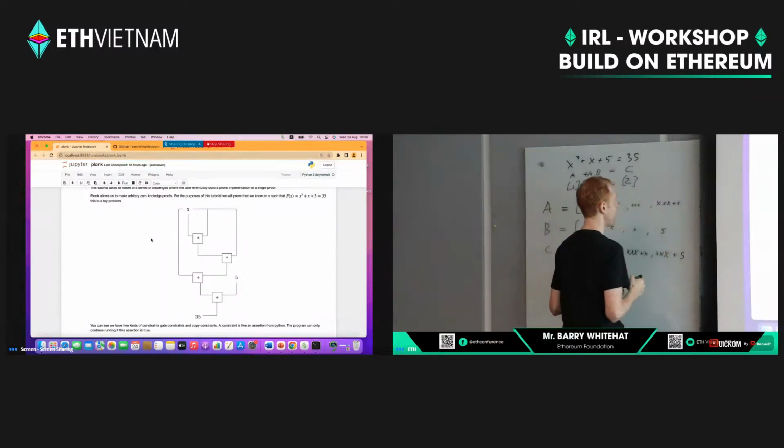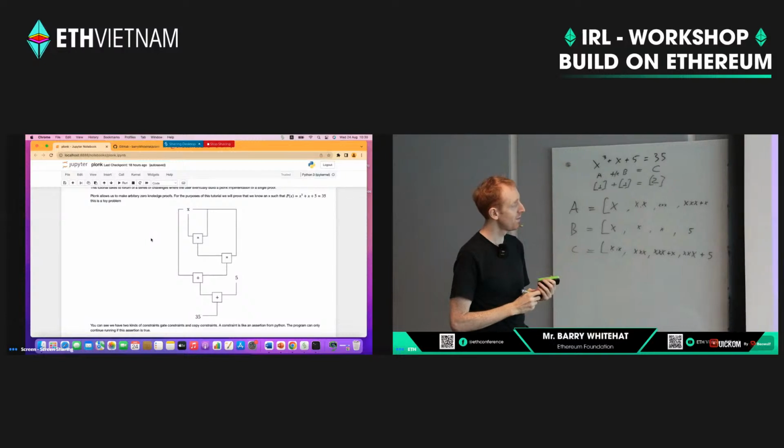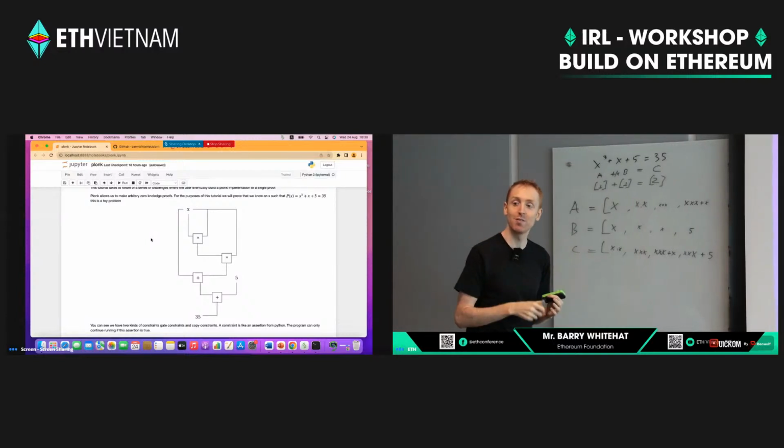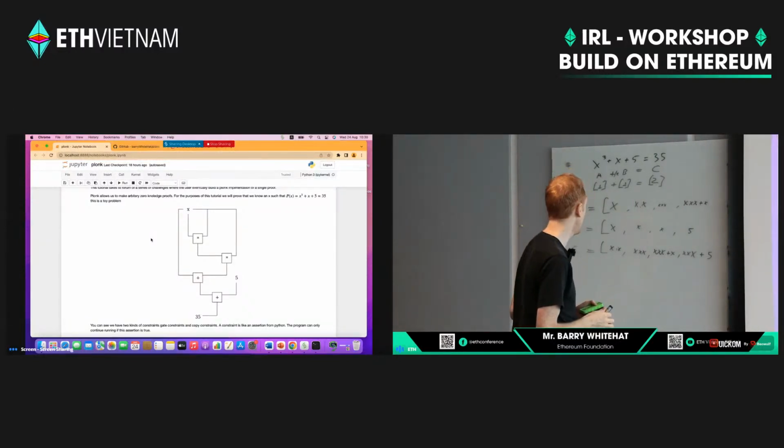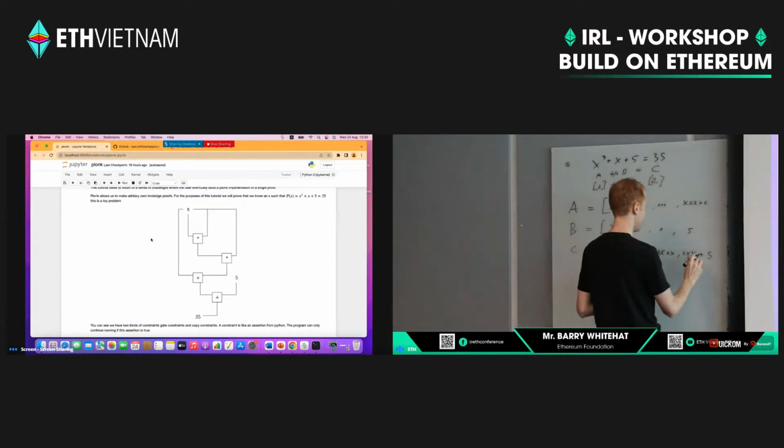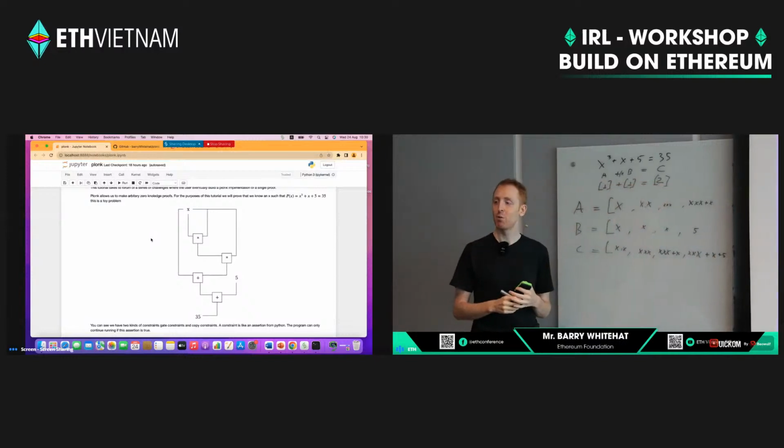Oh, no, that's not how it works. So we take x cubed plus x, and we add 5, and it makes x cubed plus x plus 5. Good catch. Right. And what's the next thing that we need to do?